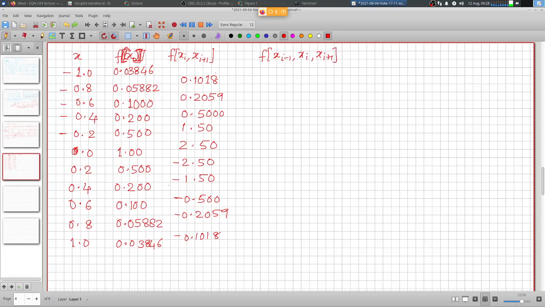So this is the second order divided difference. It is going to be the difference of two first order differences.